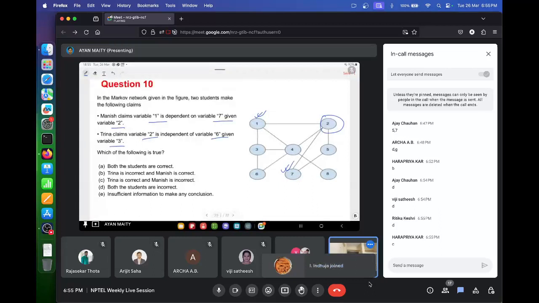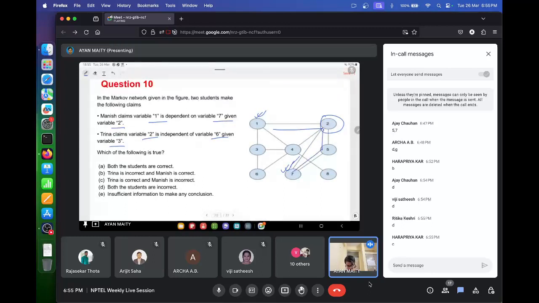So basically all the paths from 1 to 7 go through 2. Yes, all the paths: 1 to 2, 2 to 7 is one path, and another is 1 to 2, 2 to 5, 5 to 7. This is also going through 2.